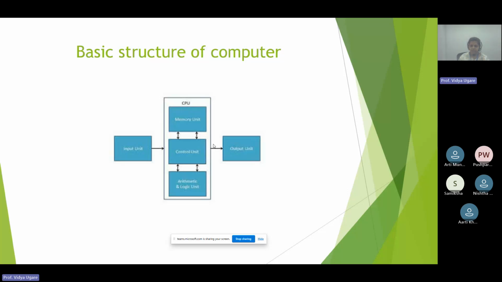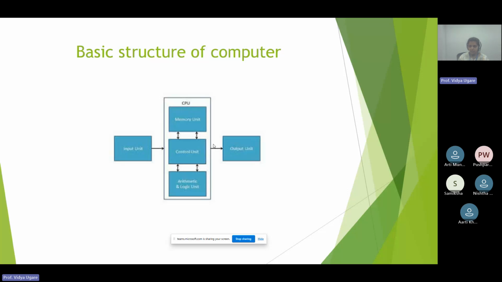All in one means whichever device you see the monitor or the screen, in the background it is behaving as a system box also, that is the CPU. It gives us the option to connect the input device, plus it is itself an output device as well. So all in one means everything is embedded in just one particular device.